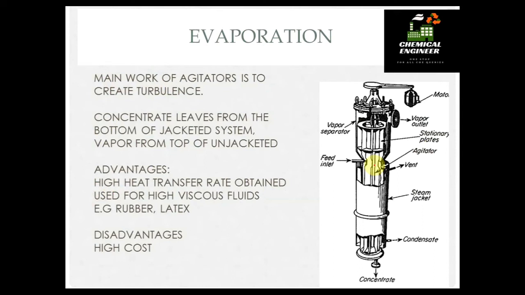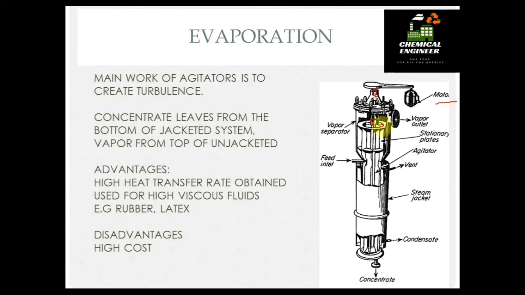Hence the only difference between the agitated and the vertical tube type evaporator is agitation. This schematic is almost similar to the first, the falling film type evaporator, but the only difference is that we have a motor connected to the agitator. This is the agitator on the jacketed part.